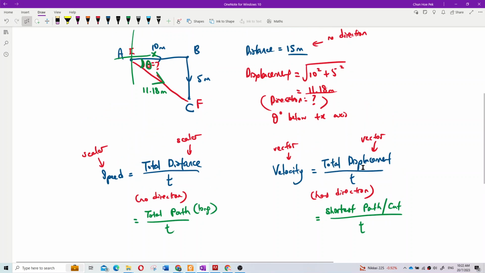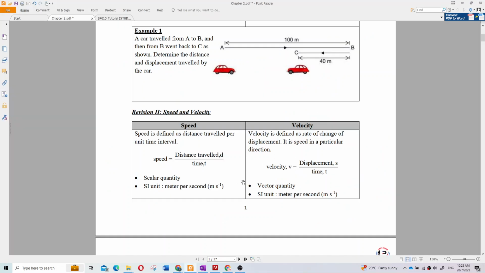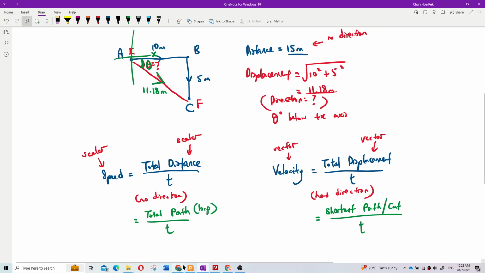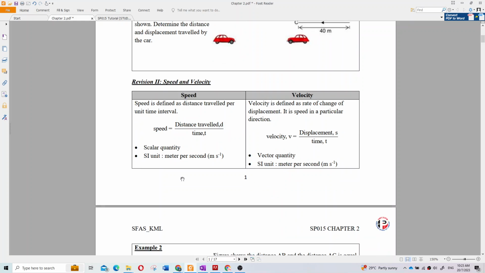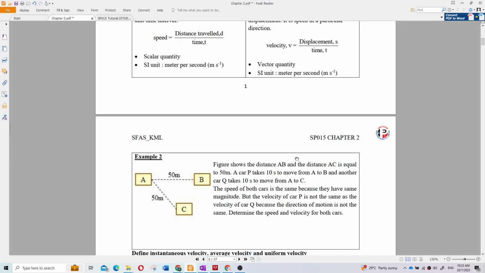This is very important because later when we do questions, we always come back to the definition of total distance over time and total displacement over time for speed and velocity. I will post this video again on YouTube, and later you can watch it again to get any notes. The unit is meter per second.